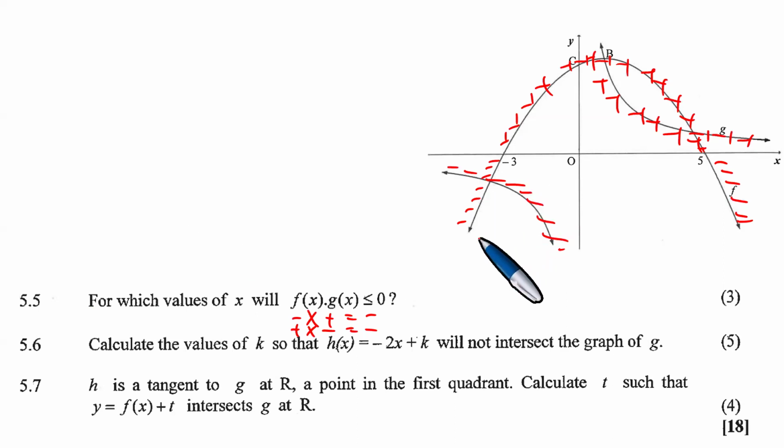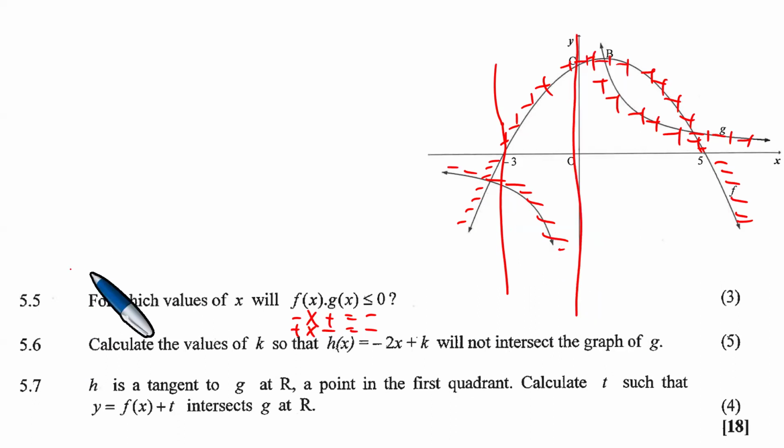Now we want to find for which values of x the product of the two functions is negative. So we are looking at where the functions have opposite signs. Here they're both negative. This one here is positive and this one is negative. You can see that it happens up to this point, between -3 and 0.